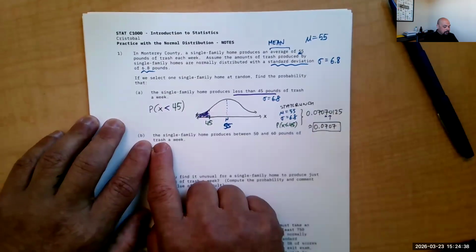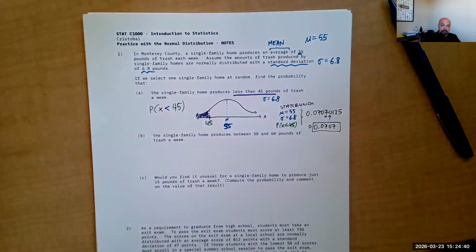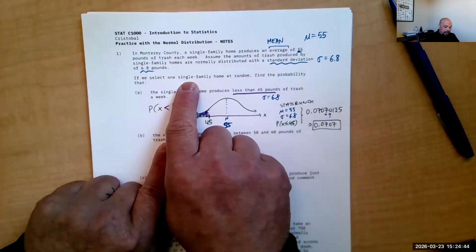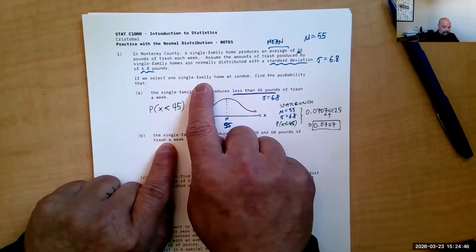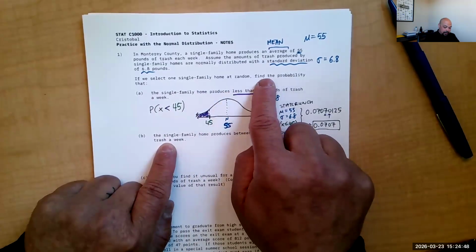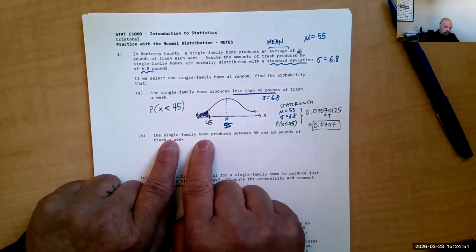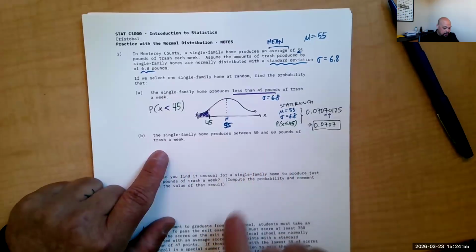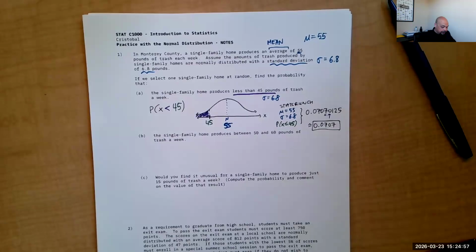So now this next problem, dealing with that same population, that same group. If we select one single family home at random, find the probability that that home produces between 50 and 60 pounds of trash a week, okay?